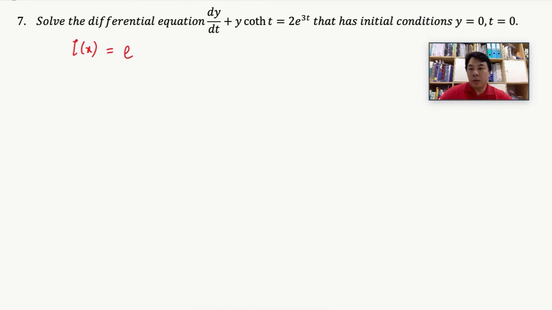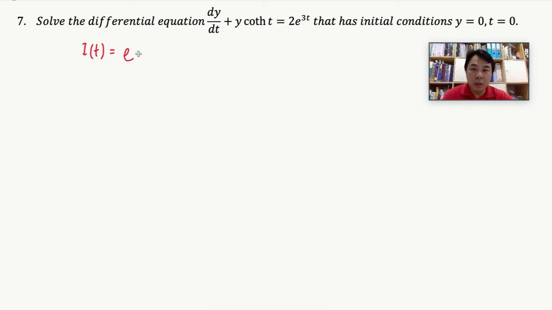Okay, hold on. I think I wrote down the notation wrongly, because this is a function of y in terms of t. What we are trying to find here at the end of the day is a solution y in terms of t. So we will let our integrating function be in terms of the variable t.